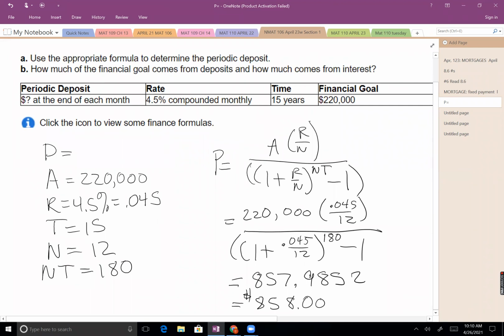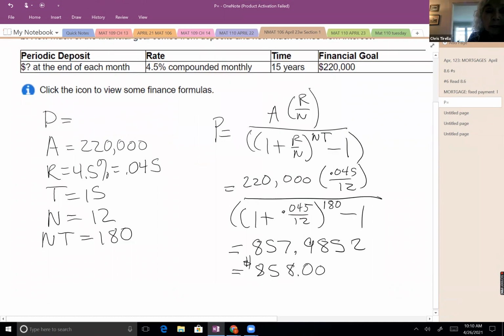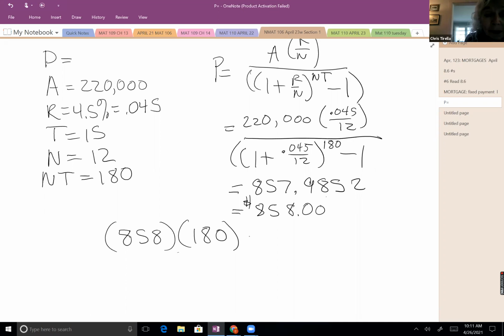Yes. Then it asks how much of the financial goal comes from deposits and how much from interest. Well, the deposits would be that 858 times the 180. And here I have to apologize. I'm not sure if they want you to use the 858 or the 857.99. Although I'm thinking a penny off, it would be what, $1.80 off in the long run.